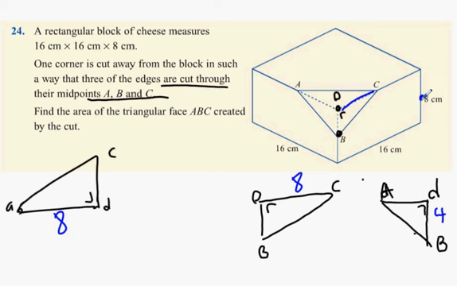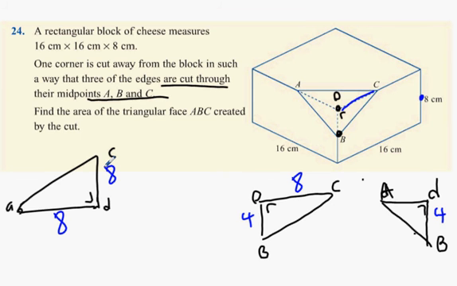It says it's the midpoint. So it's the midpoint of the 8 and the midpoint of the 16. Now, what's D to B? Sorry, 4. My fault. C to D? 8. And finally, A to D?